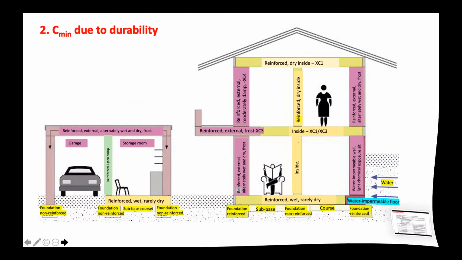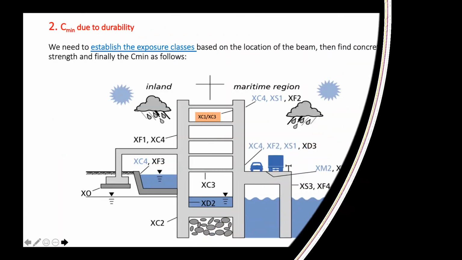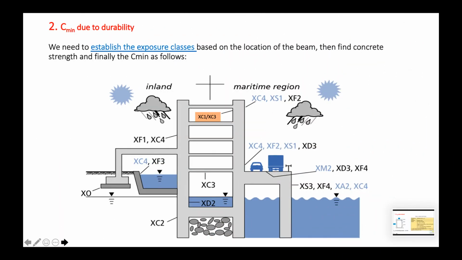The second step is to determine the C min due to durability. In this case, according to the question, the beam will be placed inside the building. So in Eurocode, it is dry conditions, either low or high humidity. This diagram shows that in Eurocode, the durability of the elements can be divided into several cases.